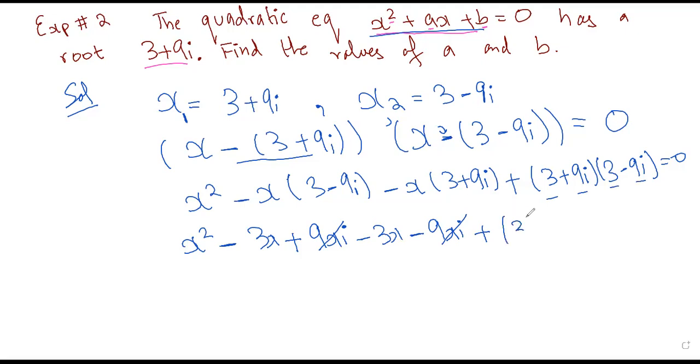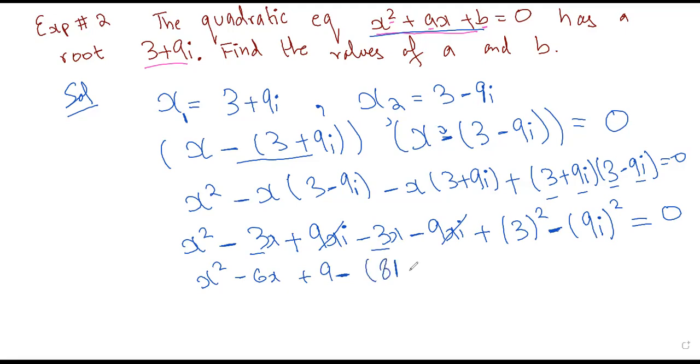So this is 3 square minus 9 iota square equals 0. So x square minus 3x minus 3x, 6x plus 9 minus 81 iota square is minus 1, right?